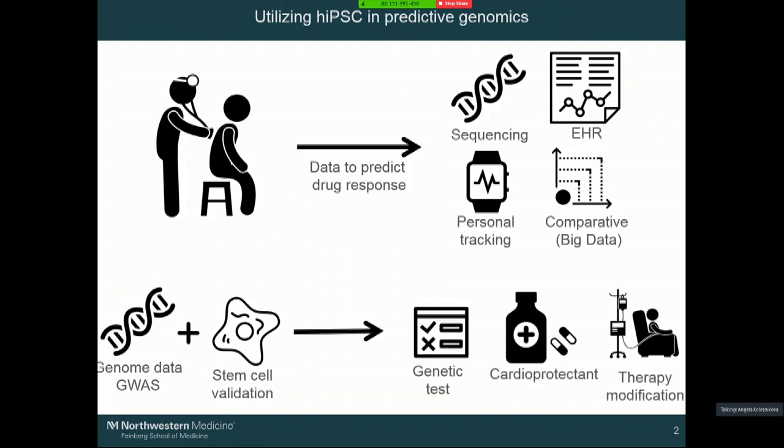And from that, particularly in the case of chemotherapy-induced cardiotoxicity, we'll be able to develop genome-informed drugs, therapy modification, and quite simply just a genetic test to be able to predict which patients are going to have which type of response to this drug, whether it be positive or negative.